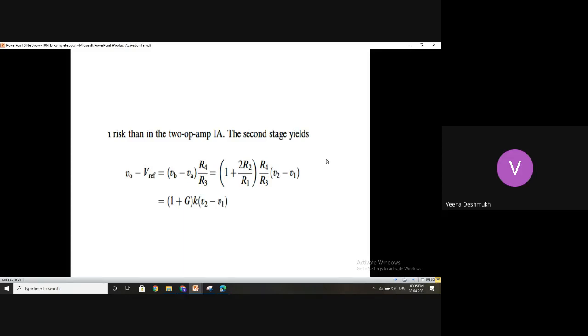And already you have suppressed the noise signals, so there is not going to be any issue associated with noise or drifts. You have taken care of DC offset with the help of the first differential stage.